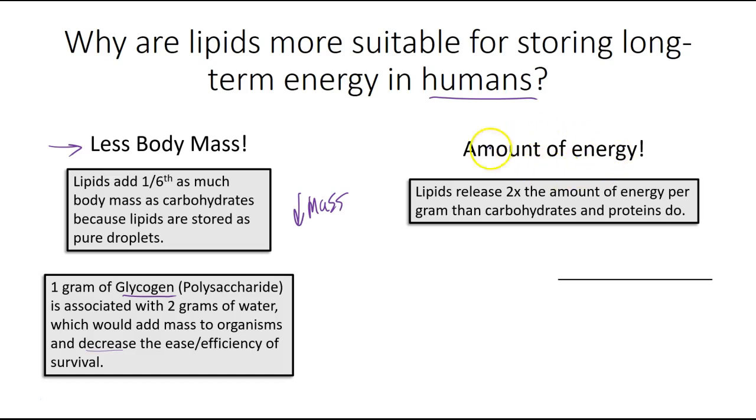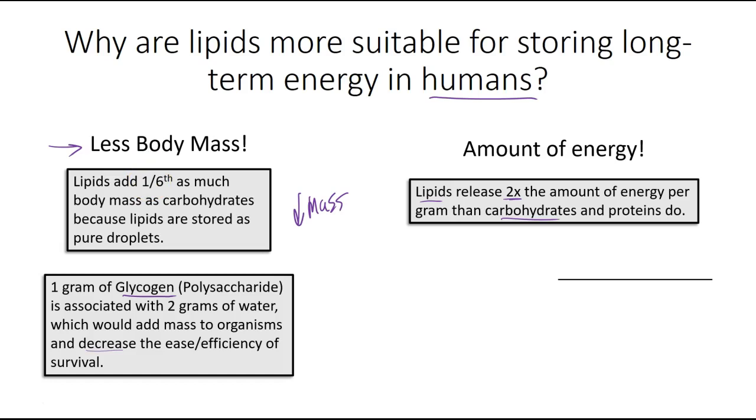A gram of lipid is 2 times more energetic than a gram of carbohydrate. So lipids are 1/6 the mass but afford us 2 times the amount of energy. It's a win-win.